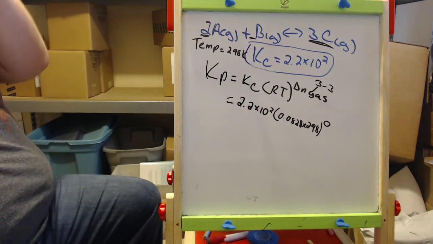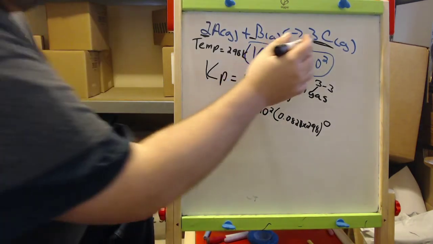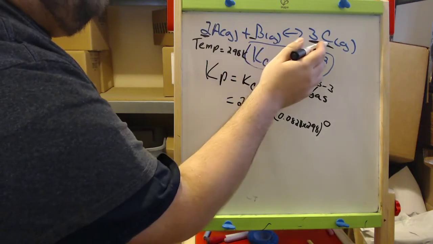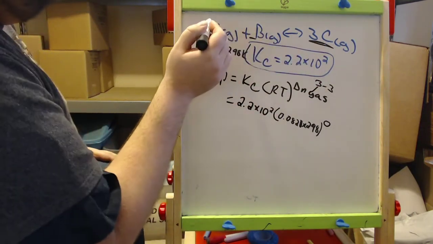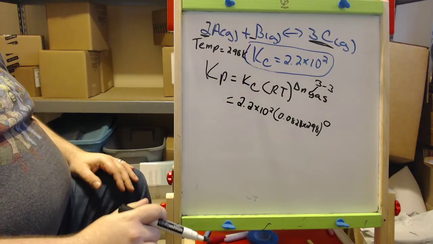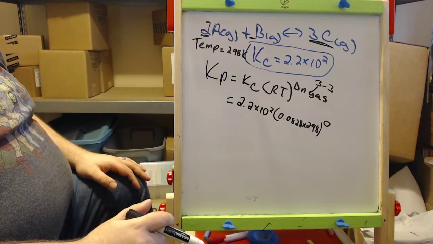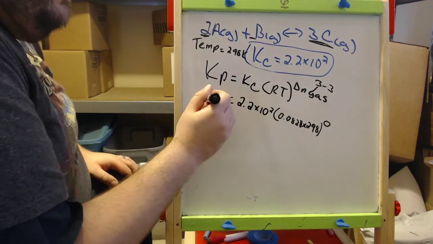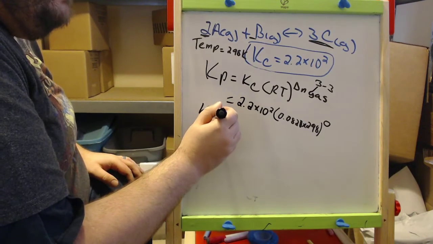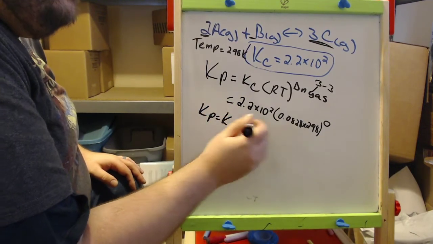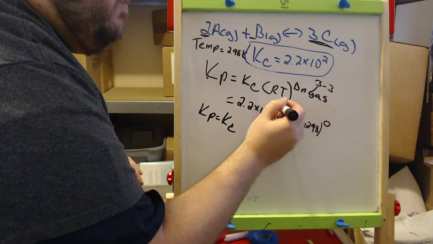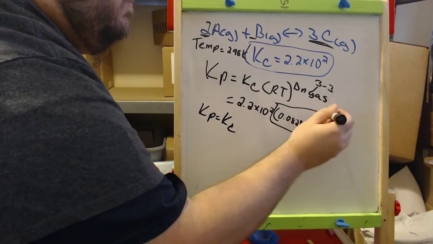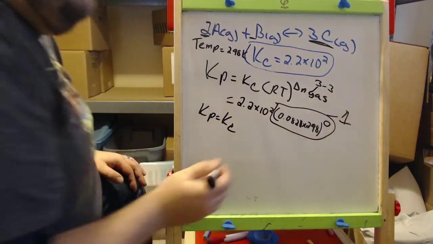Now this is important. If there is no difference in the moles of gas on the right-hand side and the left-hand side, then Kp equals Kc, because anything raised to the 0 power is 1.